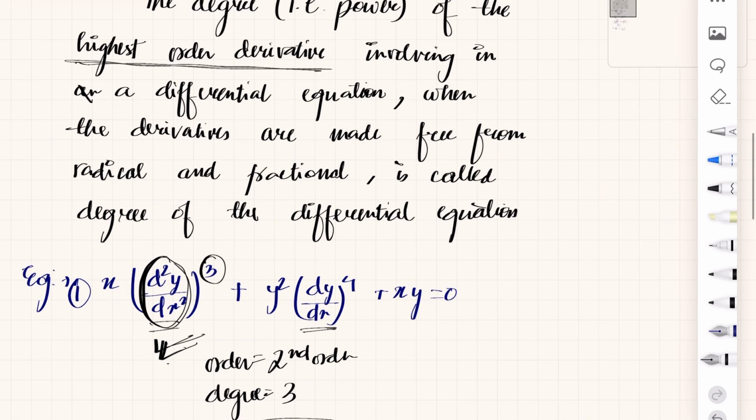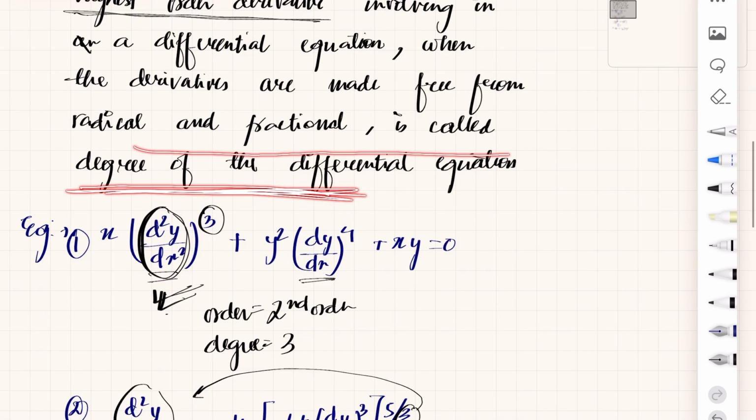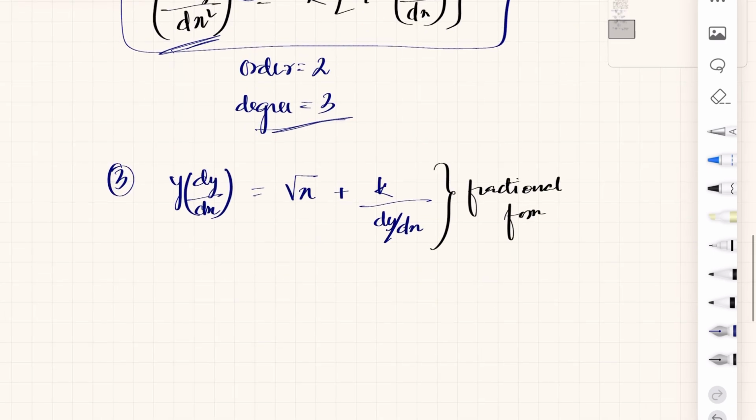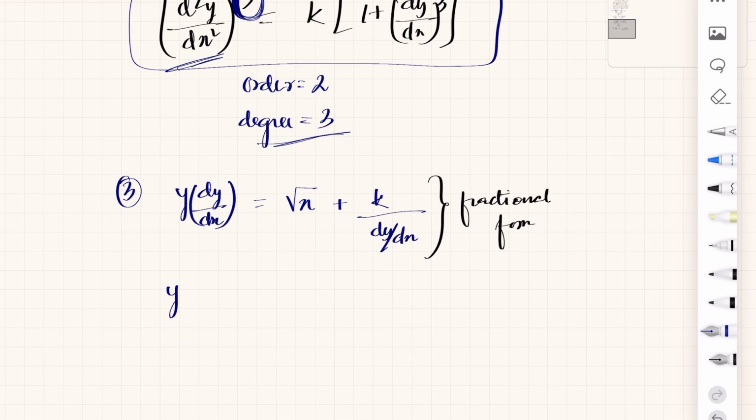Yes or no? But let's see the definition again. The derivative should be free from radical and fractional. This is in the fractional form. Then we need to convert it into simple form. So how can we do that?